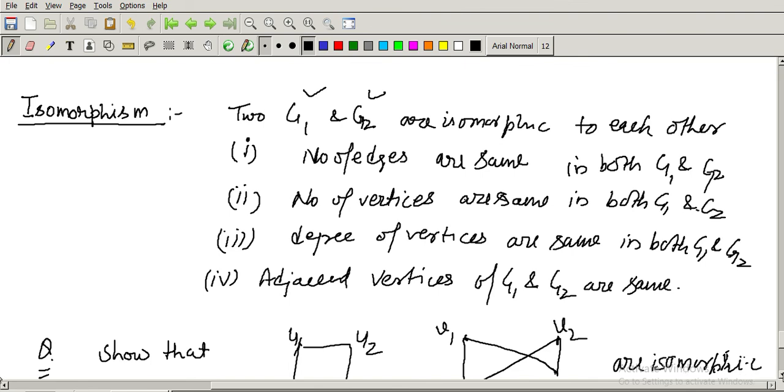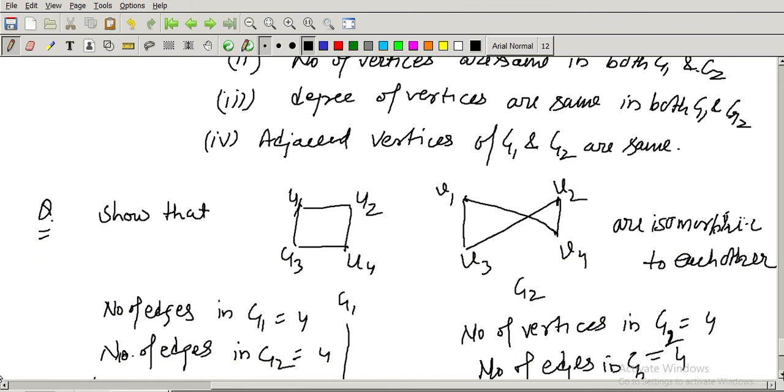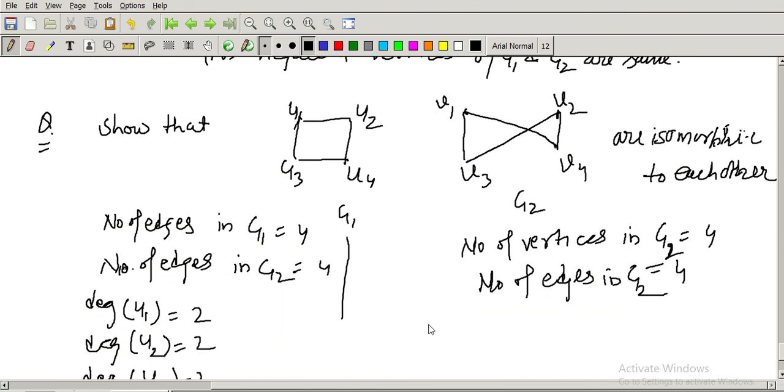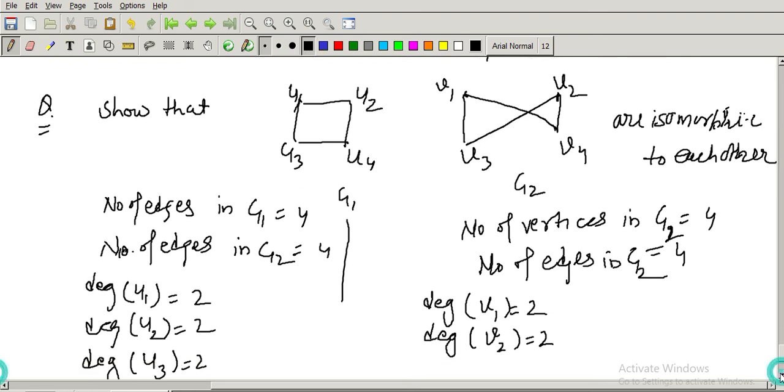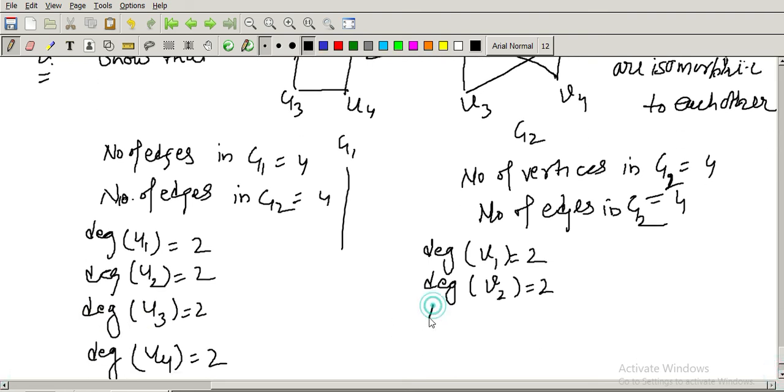And for this graph G2, the degree of v1 is 2, degree of v2 is 2, right? Then degree of v3 is 2, degree of v4 is 2.